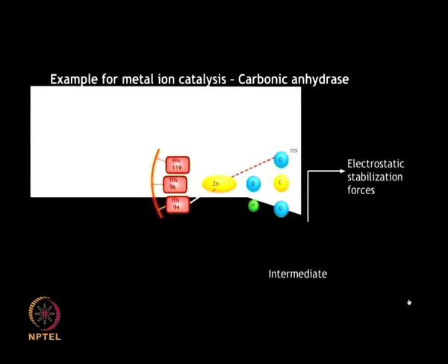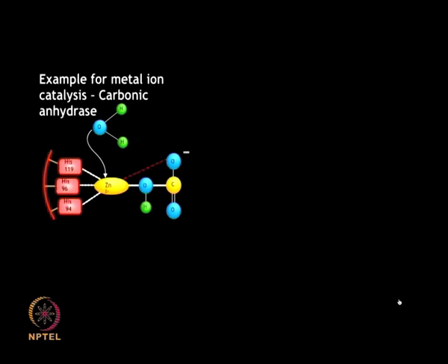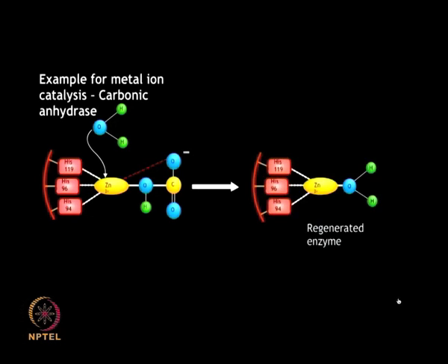Binding of another molecule of water to the zinc ion at the active site of the enzyme leads to release of the bicarbonate ion and regeneration of the enzyme molecule for another round of catalysis. Various pH-related studies have provided substantial proof for this mechanism.